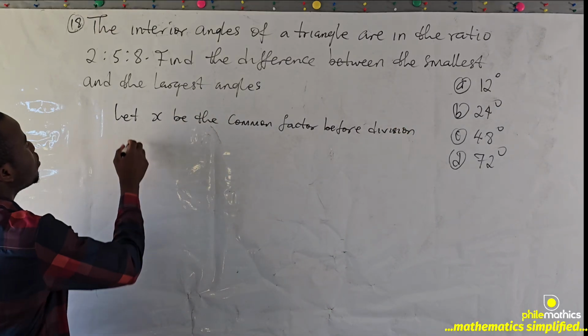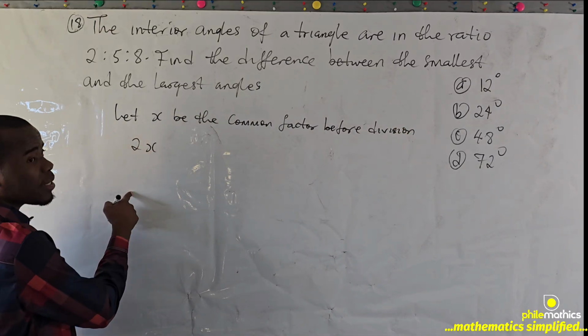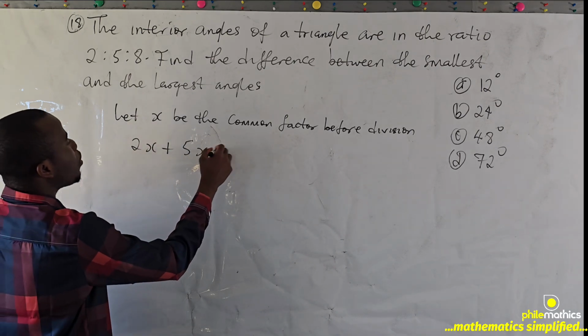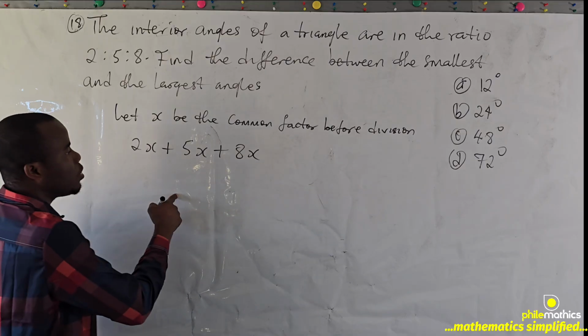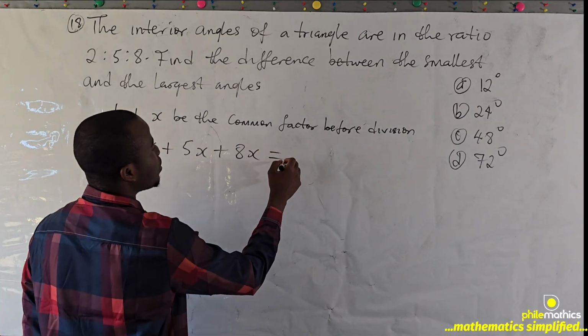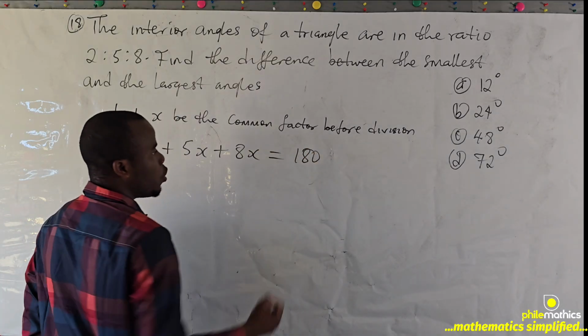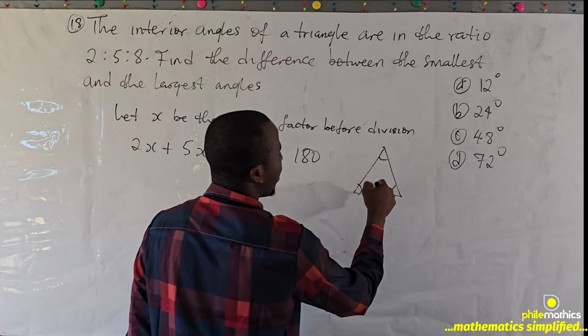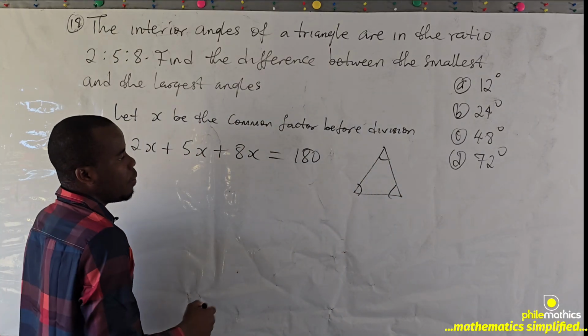So it means 2 times x plus 5 times x plus 8 times x should give rise to 180, because you know that in a triangle, the sum of all the angles is 180.